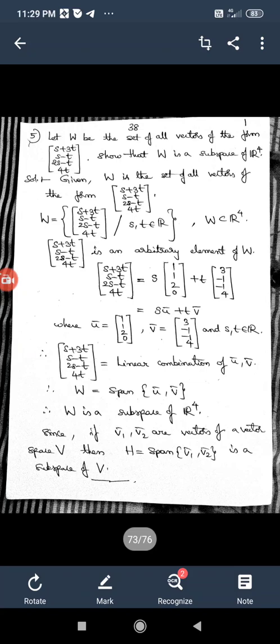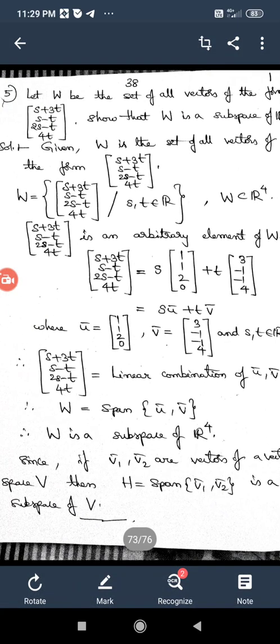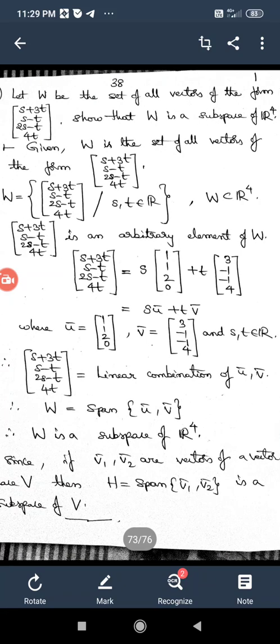Let W be the set of all vectors of the form (s + 3t, s - t, 2s - t, 4t). This is also a 4 by 1 column vector. Now we are asked to show that W is a subspace of R4. So our aim is to prove that W is a subspace of R4.